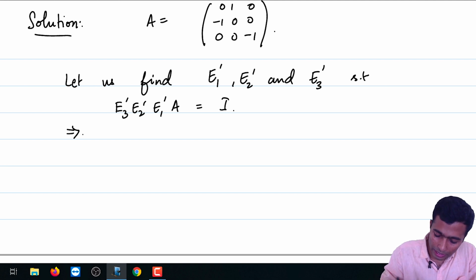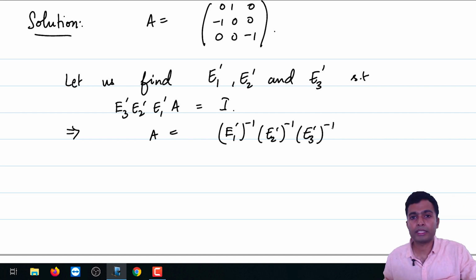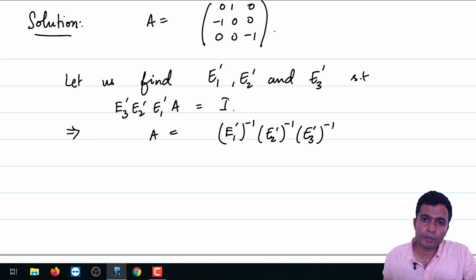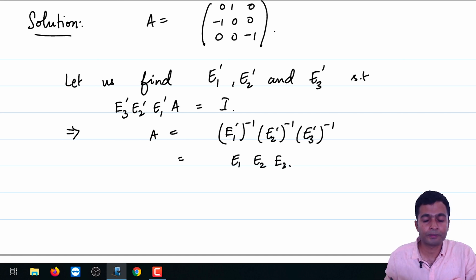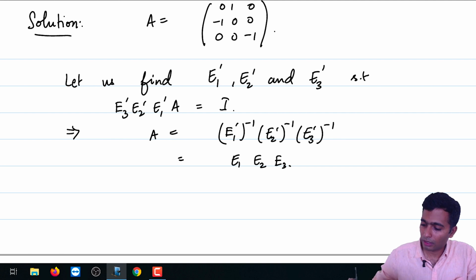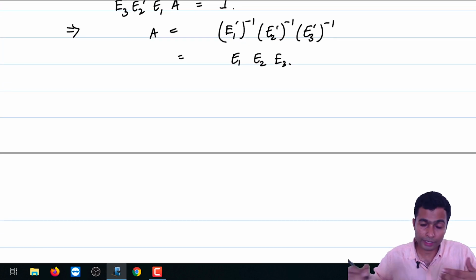Then A is E1 prime inverse, E2 prime inverse, E3 prime inverse. But the inverse of an elementary matrix is again an elementary matrix, so this is exactly the E1, E2, E3 that we want. We will come to the inverse of A in the second part of the problem.